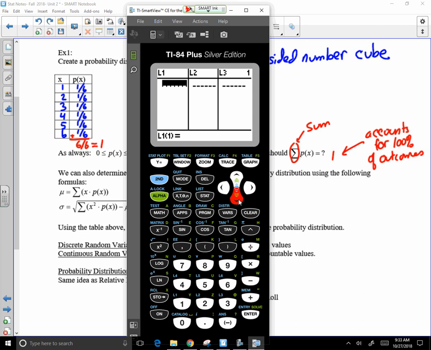And I'm just going to pop in these numbers. It's annoying, but you do have to type in 1/6 6 times. There's another way to do it, but it's not really a shortcut.